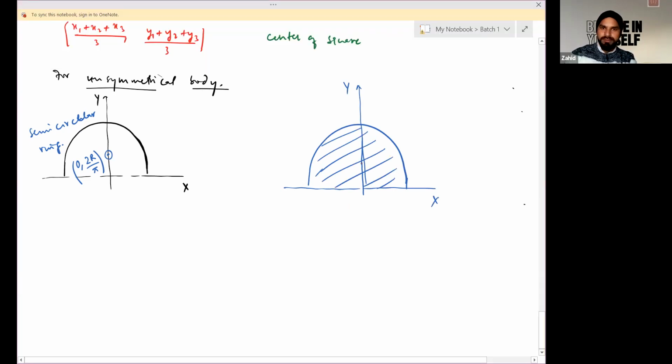Its center of mass would lie at this point, whose coordinate will be 0, 4r by 3 pi. This is a semicircular disc.